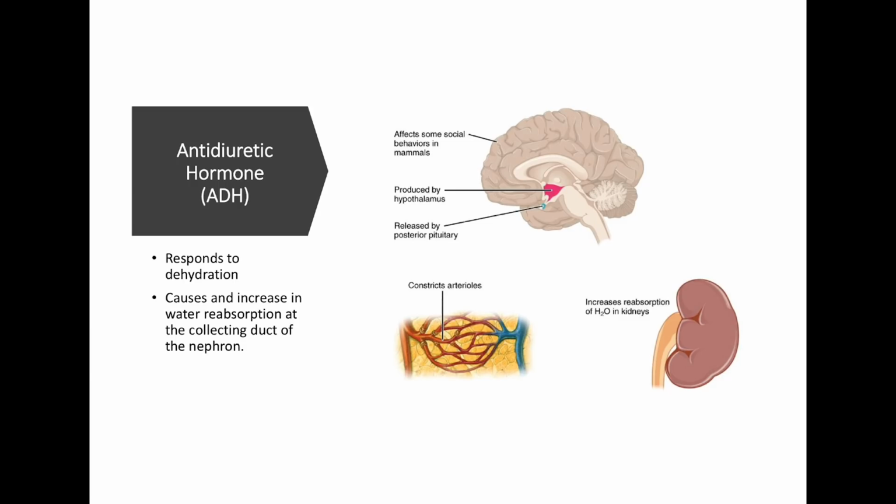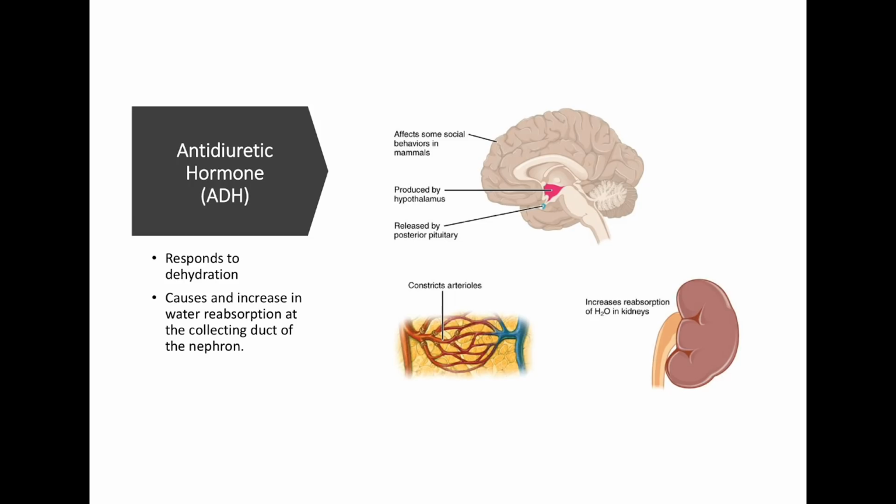Okay, so in this diagram, you see there's two other pictures. You have a picture of a kidney, and you have a picture of blood vessels. Antidiuretic hormone actually has another name. It's also known by the name vasopressin, and that's where the blood vessels come in, because if you have low blood volume and are dehydrated, you also have low blood pressure.